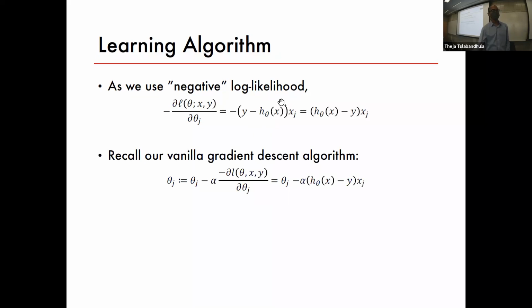If you want to minimize the negative log likelihood, we apply exactly our gradient descent procedure: new theta j is old theta j minus learning rate times the gradient, which is this expression here, h theta of x minus y times xj. So this is our gradient descent procedure to estimate the parameters of this logistic regression model.